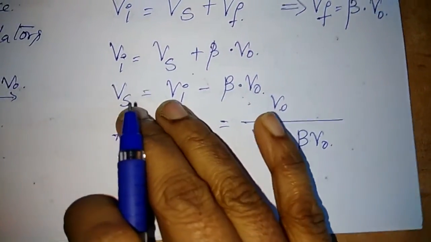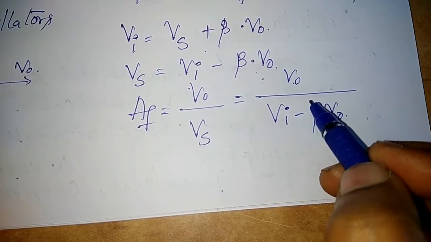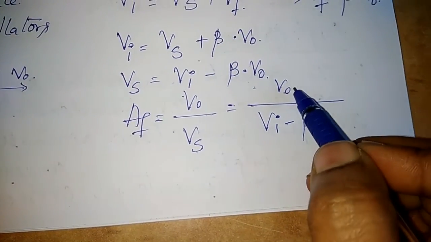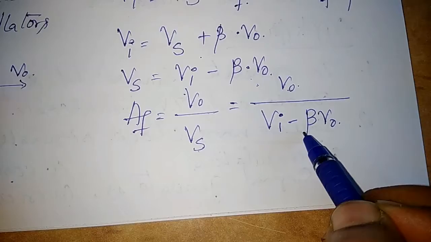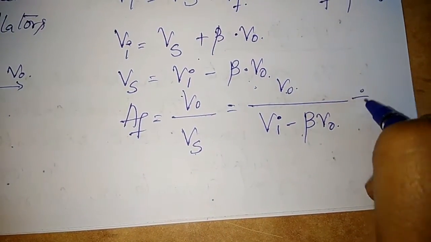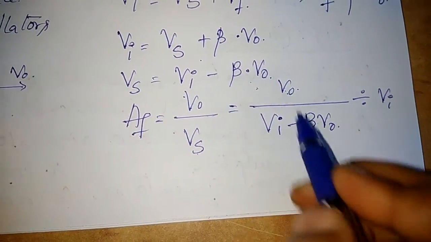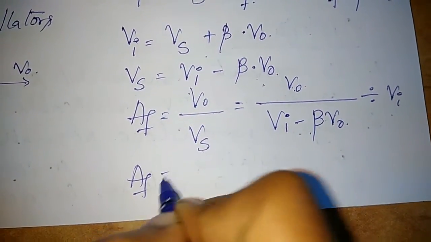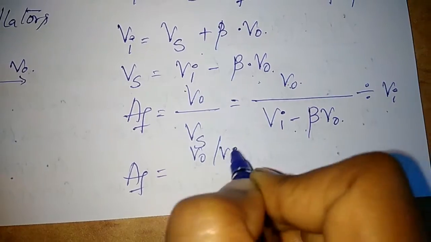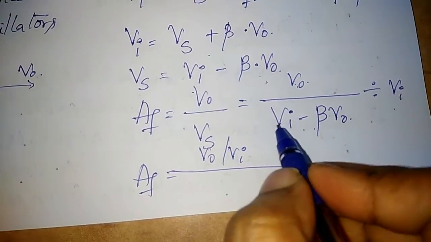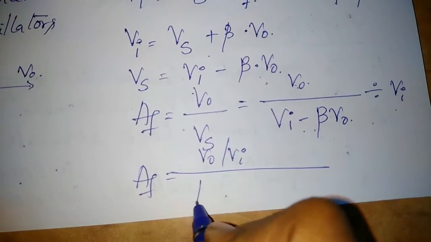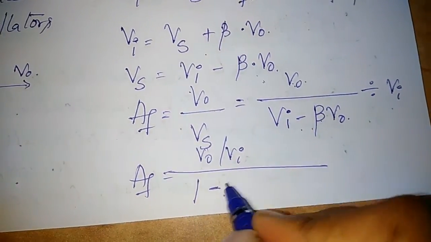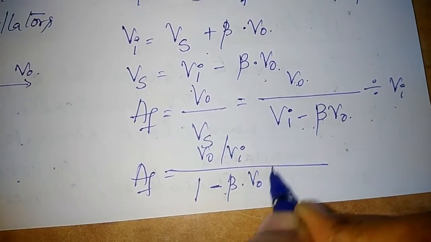Correct? Now I'll divide this complete equation, the numerator and denominator, by Vi. So I'll get AF is equal to V naught divided by Vi, divided by 1 minus beta into V naught divided by Vi.